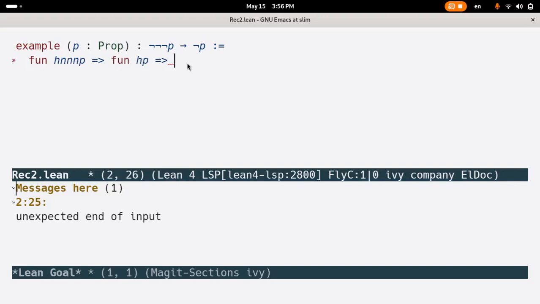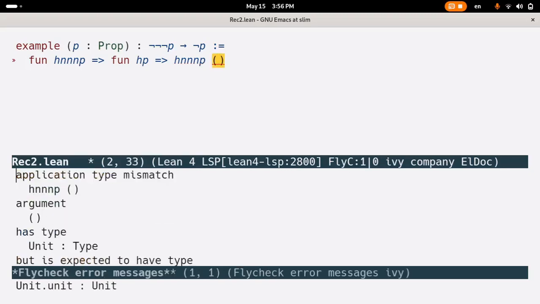So at the moment, I have a proof of not P and a proof of P with me. The only way I can proceed is by applying the proof of not P to something. So the proof of not P can take a proof of not P as input, which in turn must be a function that takes a proof of not P and produces false.